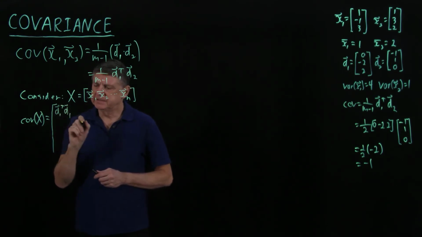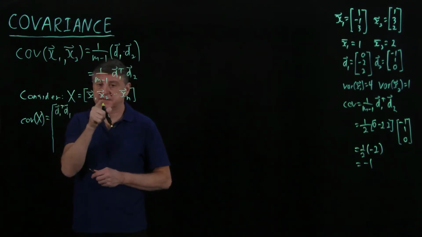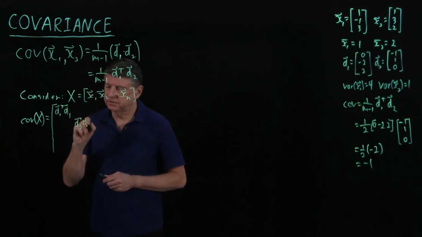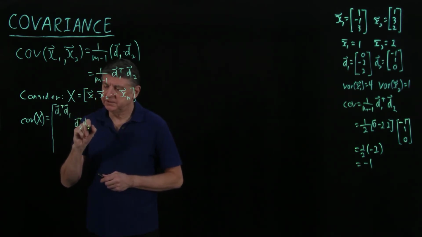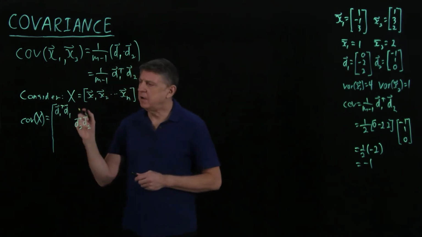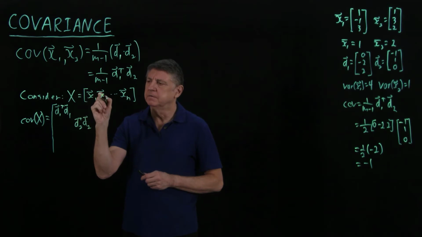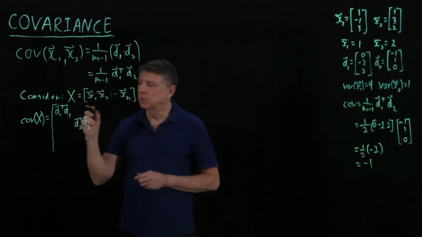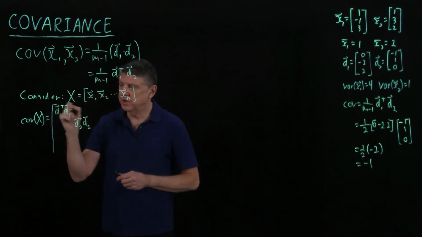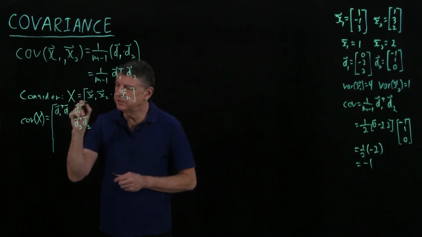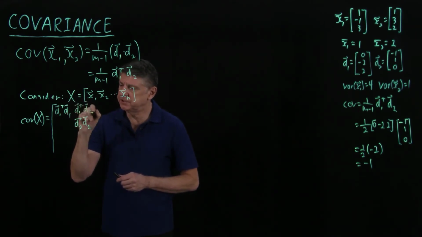And then the entry 2, 2 will be the variance of the second vector, so that will be d2 transpose d2. Now, how does data 1 covary from data 2? Well, that would be entry 1, 2 of this matrix, so that would be d1 transpose d2.